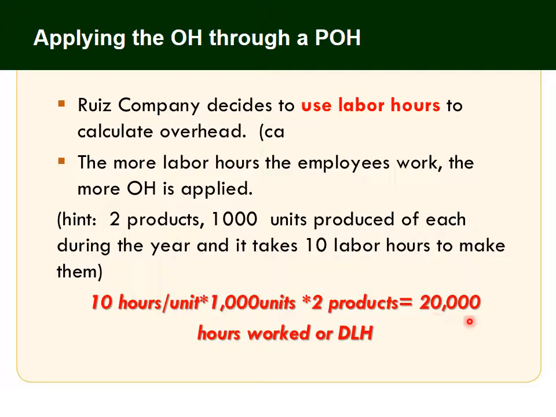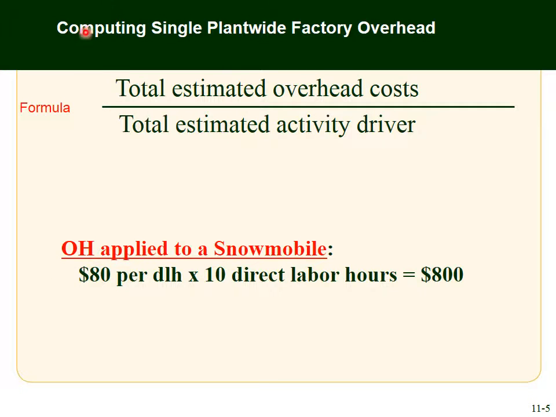So there's 20,000 hours worked for this company. So we'll take these direct labor hours, which are our overhead rate activity driver, and we'll divide. So our estimated overhead, think back to the prior problem, 1.6 million, prior slide, and the estimated activity driver, 20,000 direct labor hours. So let's watch how it works out.